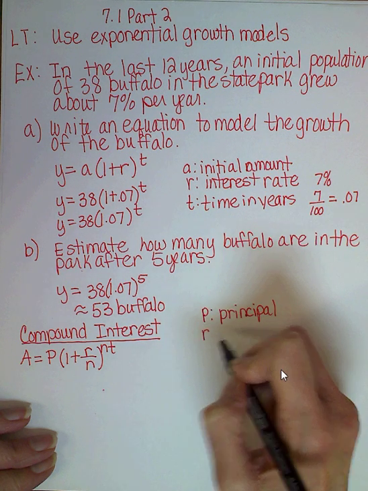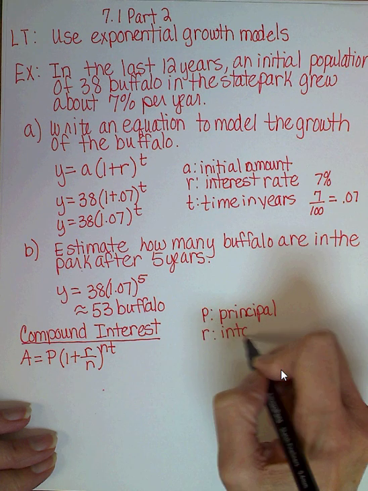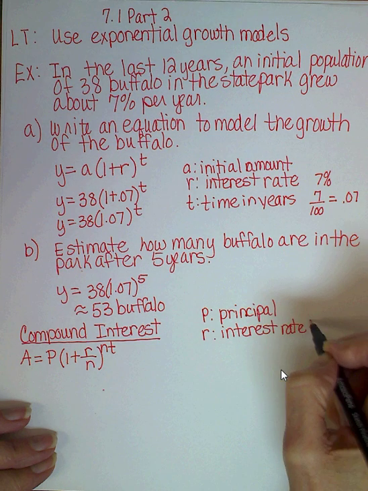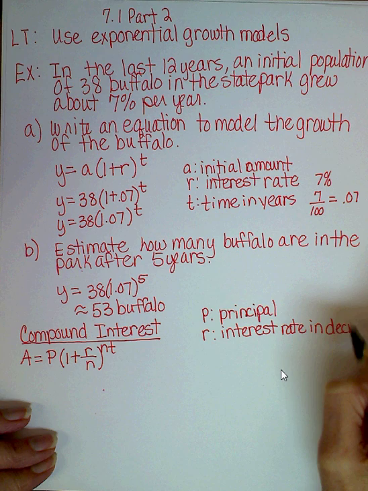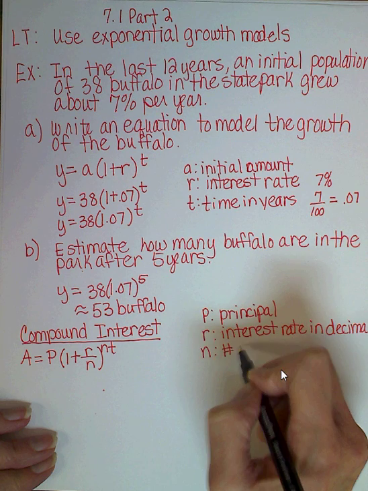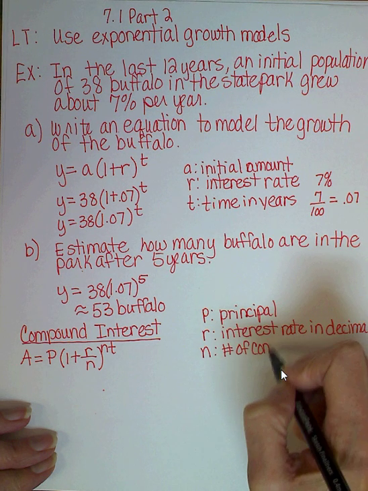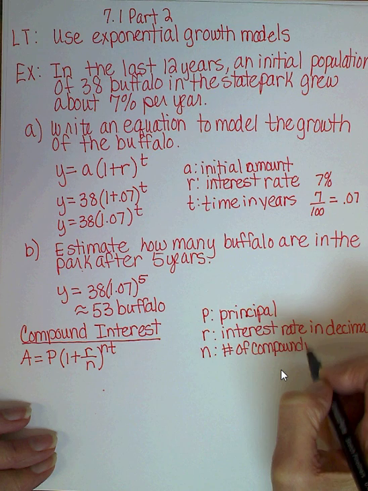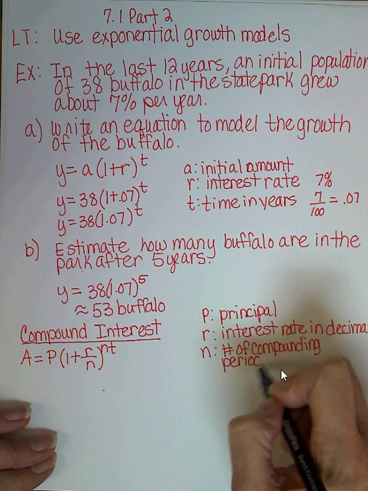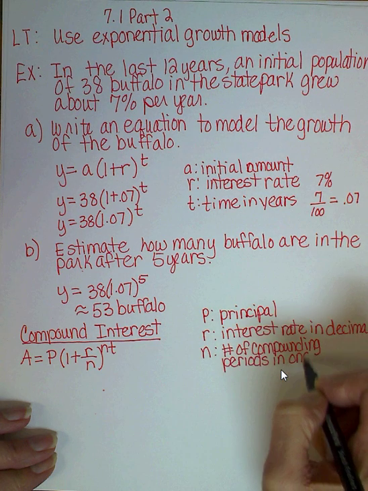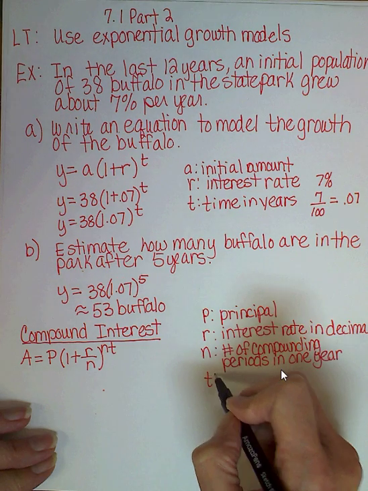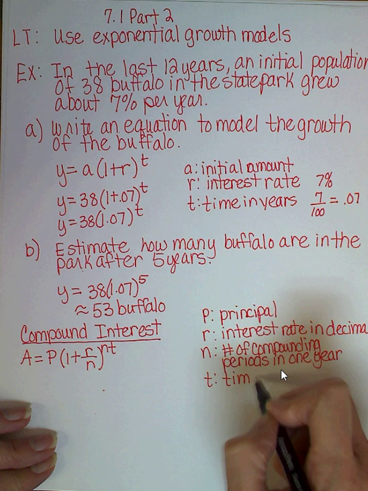R, again, is our interest rate in decimal form. N is the number of compounding periods, the number of times in 1 year the bank calculates your interest. And T represents the number of years, the time in years.